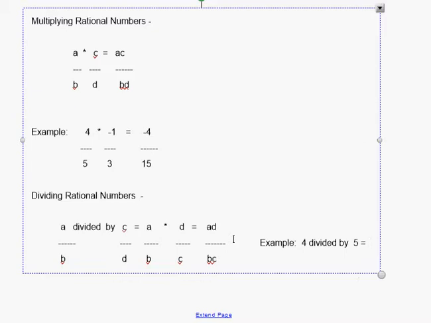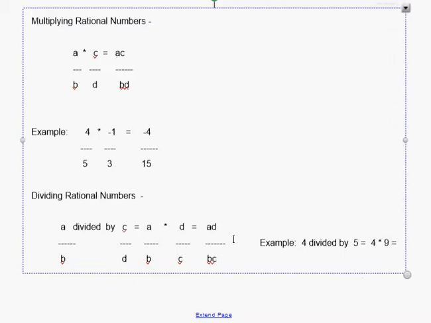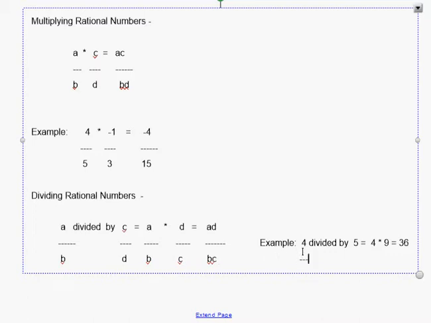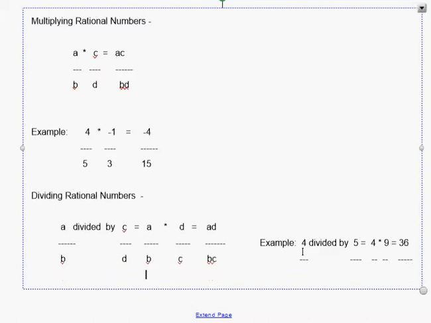This will give us 4 sevenths times 9 fifths, which gives us 36 over 35.